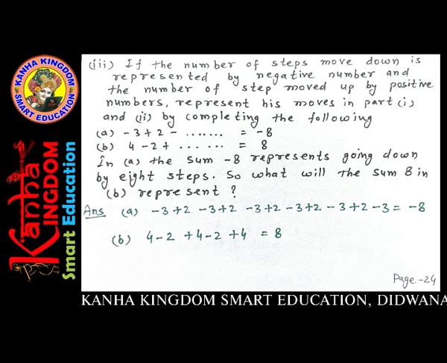Second part, 4 minus 2 plus and so on, answer is 8. In A part, the sum -8 represents going down by 8 steps. So what will the sum 8 in B represent? In B part, +8 represents him going up by 8 steps.